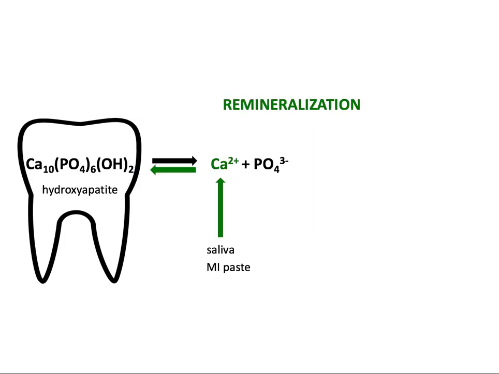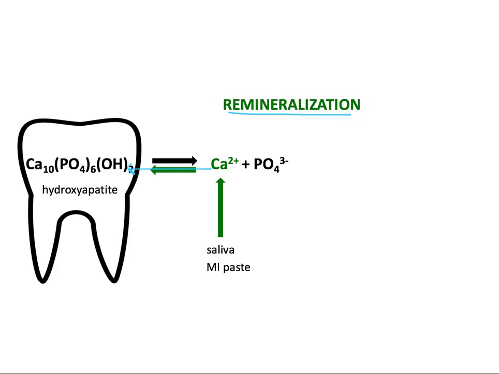In fact, saliva contains calcium, which can drive this reaction to the left. Again, by Le Chatelier's principle, if we have some extra calcium floating around, contributing to what's known as remineralization, restoring mineral to the tooth and hardening the tooth as a result.